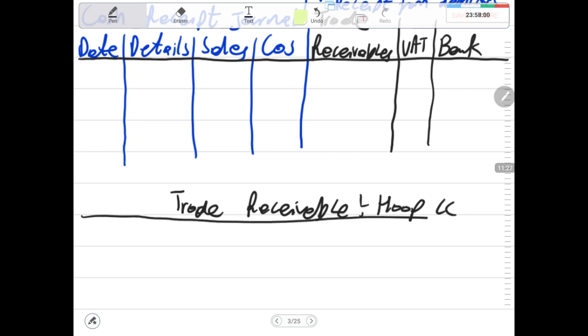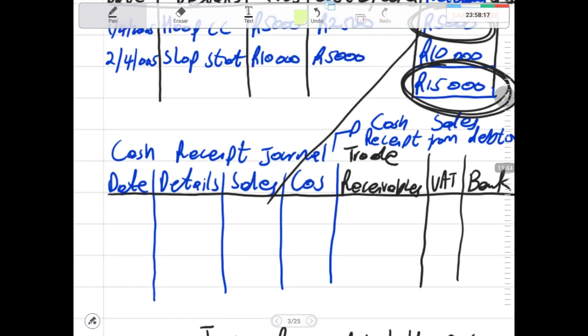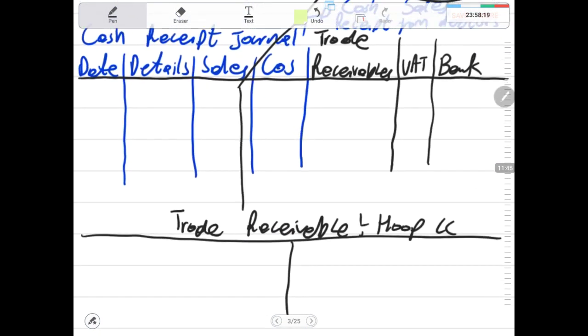Then we say how much have we sold to this customer, and we say we sold to this customer inventory that is worth 5,000. So now this must be recorded in the specific account for that customer. That means the 5,000 must be recorded on the debit side of this account of the customer.